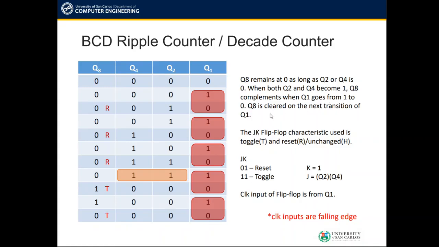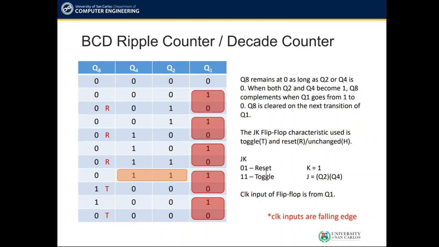And then Q8 is cleared on the next transition of Q1. So you'll be using either a reset or a toggle from 1 to 0. The characteristics used from the JK flip-flop are still toggle and reset or unchanged, and I used the same here, reset and toggle.